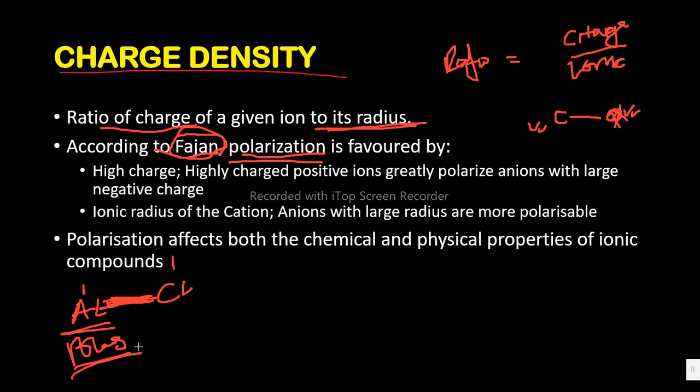The polarization of any element will always depend, number one, on the charge density. Aluminium has a very high charge density, because it forms aluminium 3+ ions. Remember, across the period the atomic radius decreases.